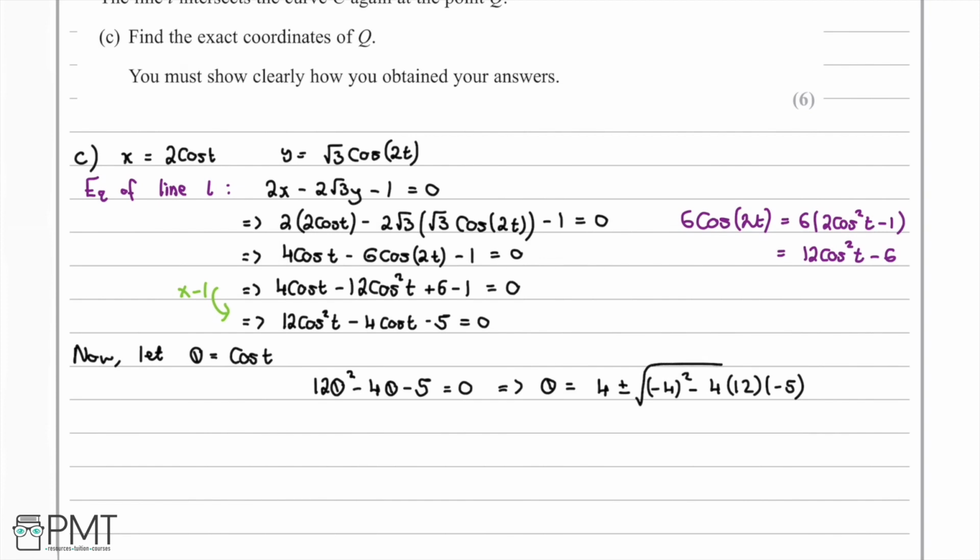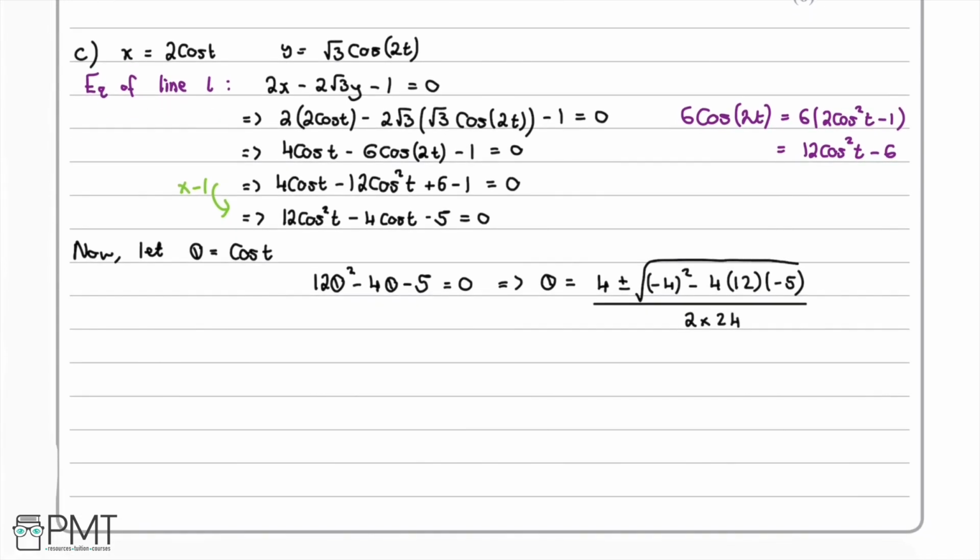Then we divide all of that by 2 times a, and in our case a is 12, so that is 2 times 24. Putting this into our calculator, the positive square root gives us that theta is equal to 5 over 6, and for the negative square root, theta is equal to negative a half.